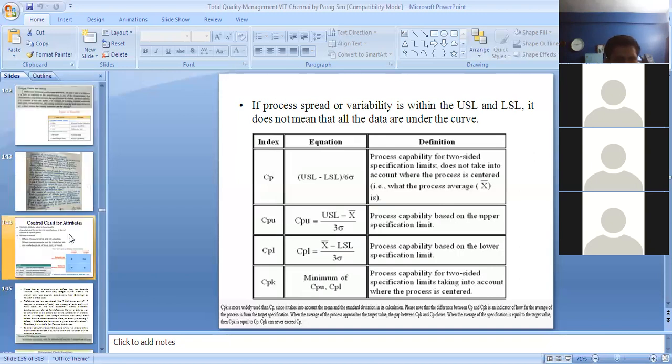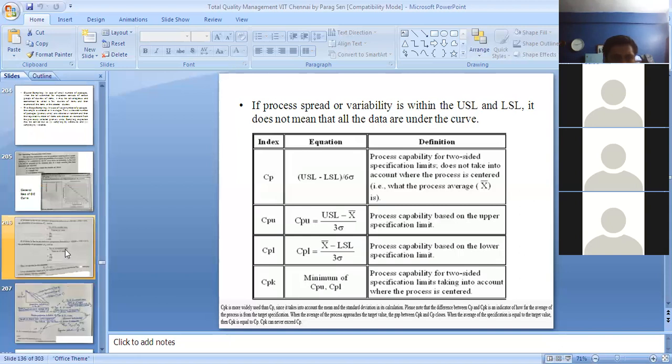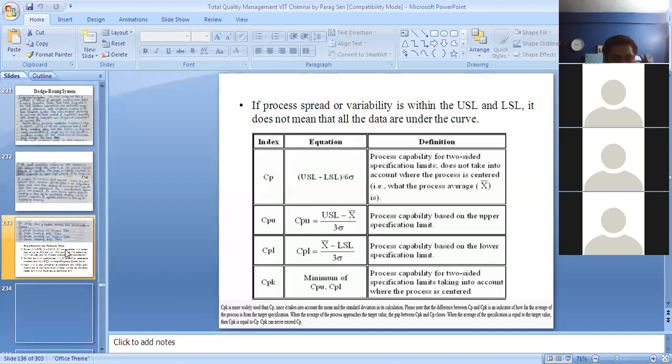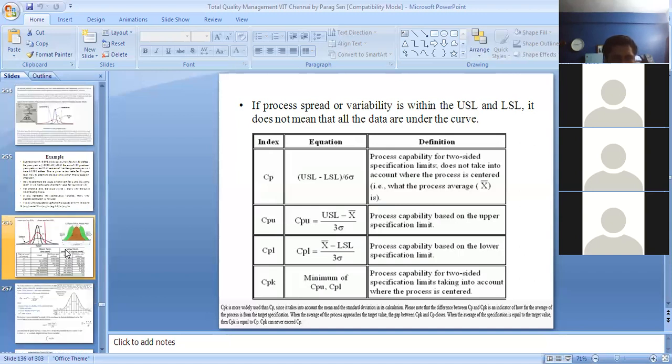I have told you that I will not discuss this particular module of Six Sigma, and it is your duty to study Six Sigma.